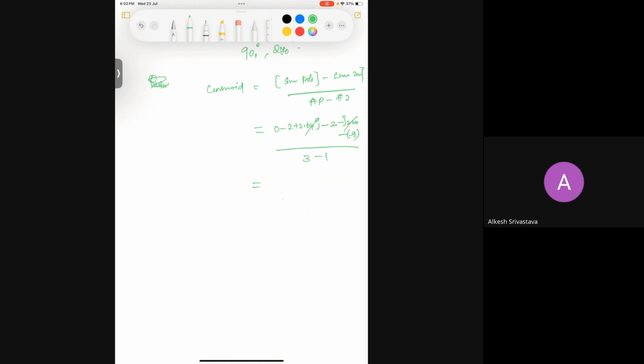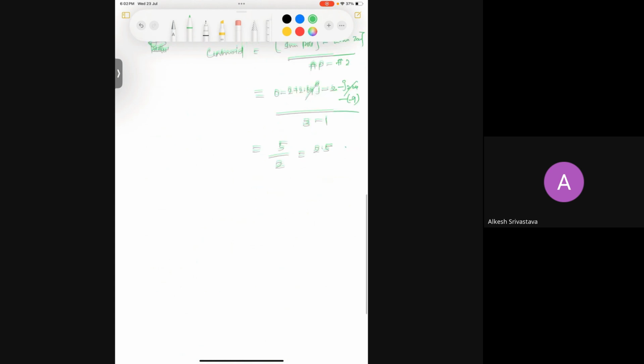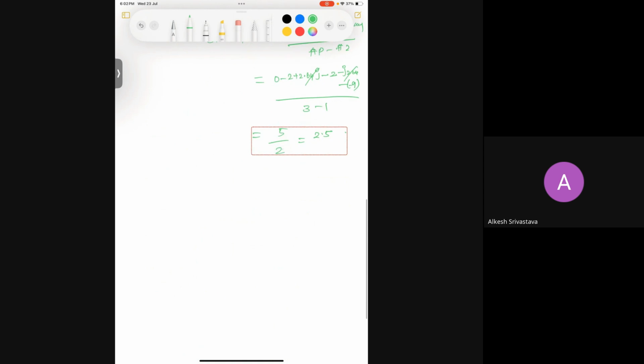Minus 4 plus 9, 5 by 2, 2.5. So your centroid will be at, this is 1 pole, this is 1 zero, your centroid will be at 2.5.